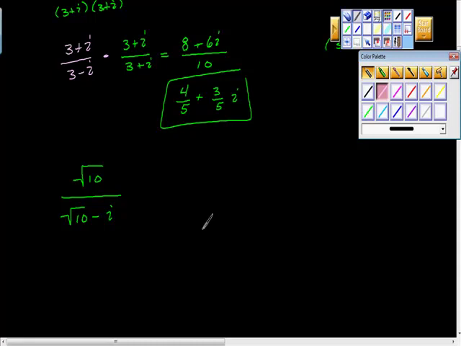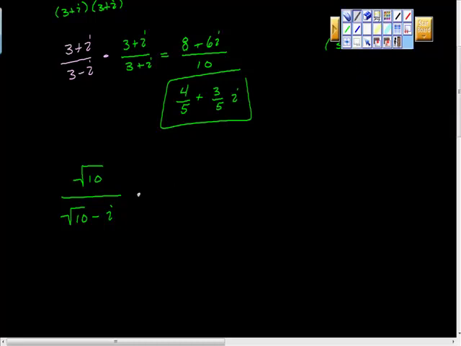Most important thing to do is what? Key step here. The complex conjugate of the denominator is what? Square root of 10 plus i, multiplied by the numerator and the denominator, right?